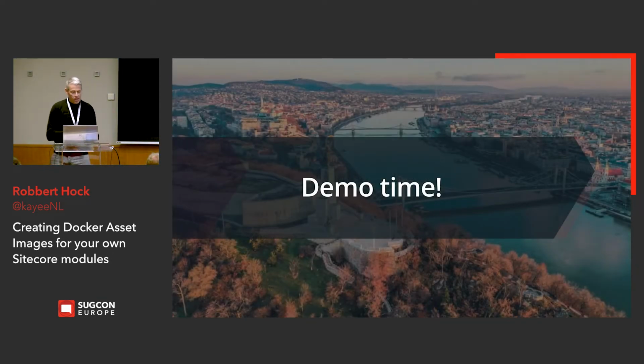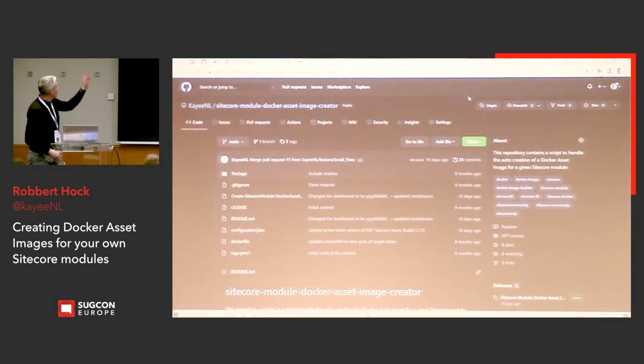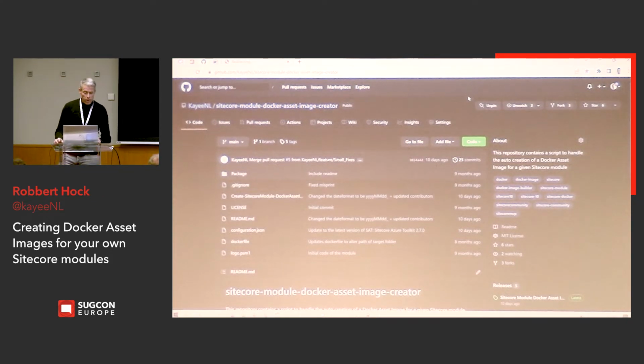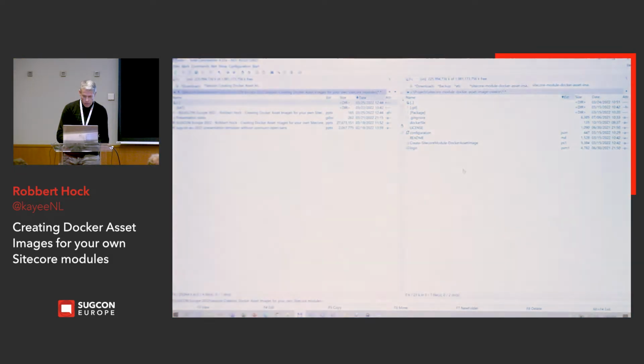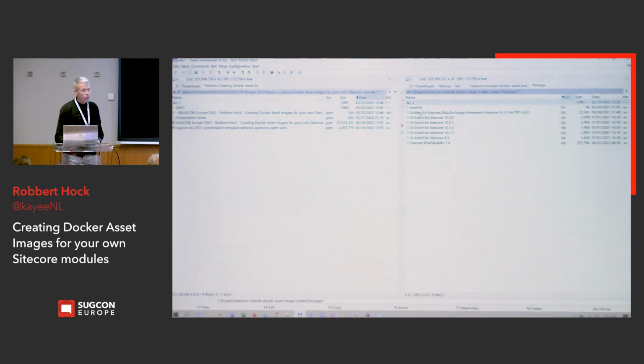So let's do some demo. On GitHub, you go to my repository at KYNL, and there's this Sitecore module Docker Asset Image Creator repo. So you basically clone that repo, and what you end up with is a structure that you can see here on the left-hand side. You basically have a packages folder where you just drop in your old Sitecore package.